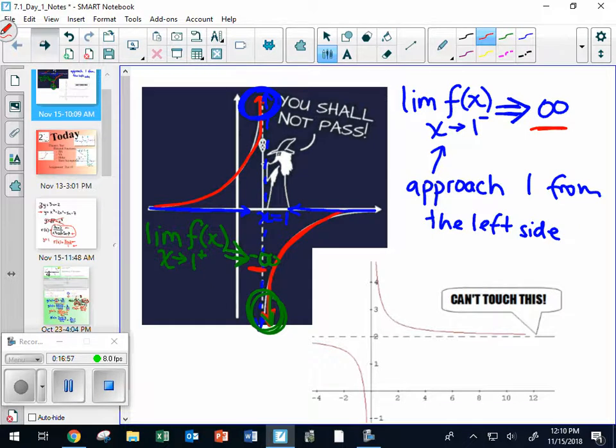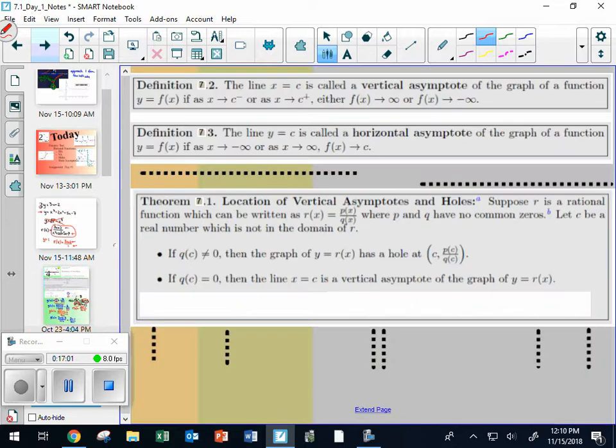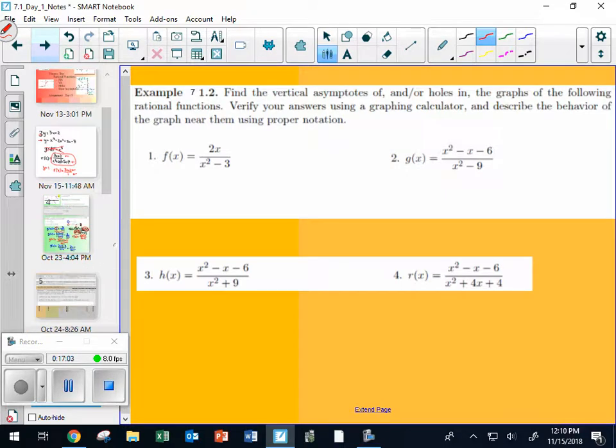If we were looking just at a function, and we wanted to know from that function how we would find the vertical asymptote, think back to the graph that we had.